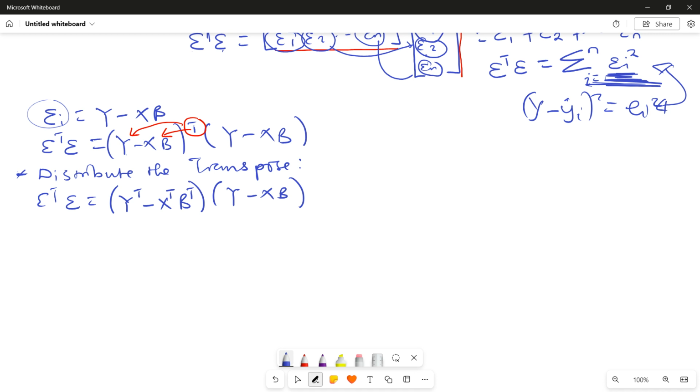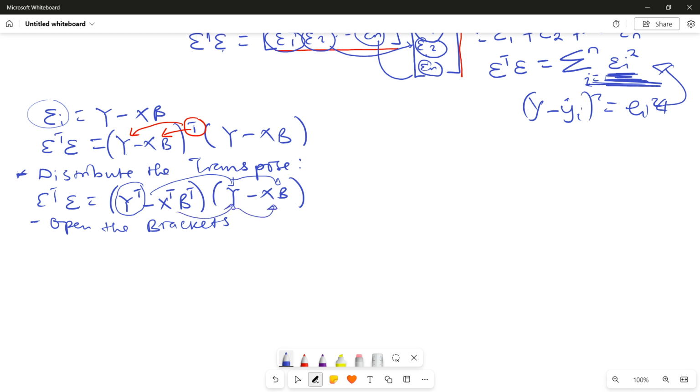Now from here we just have to open the brackets, which is just multiplying throughout. So we multiply this y transpose by everything on this side, and the x transpose b transpose should also multiply by everything on the other side.